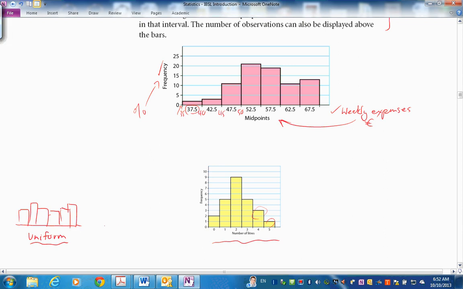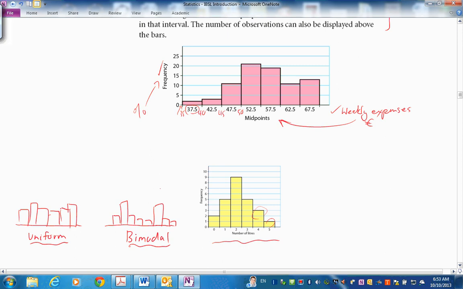You could have a bimodal distribution. Bimodal suggests you've got sort of peaking in two different areas. Bi, as usual, meaning two, bicycle, bimodal. Two modes, two common values. I don't know whether you've had that yet.